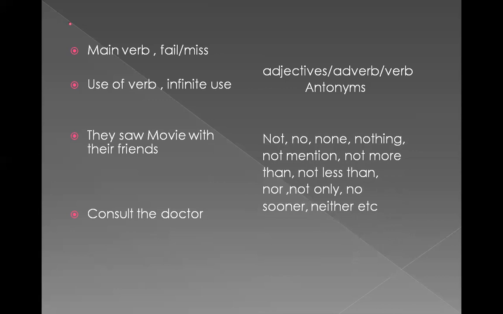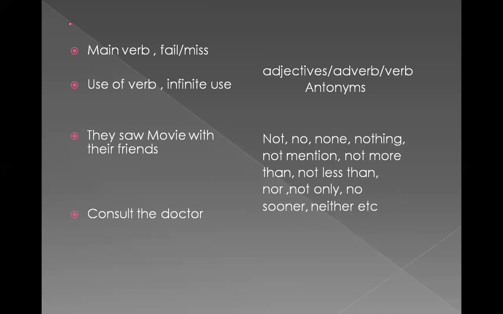Then in grammar, there's a rule that we are going to add fail or miss to the main verb. Now, fail is commonly used, and we don't use miss much, but both can be used. And then use of verb, there's an infinite use of verb. Like we are going to add to help, to use, like this.